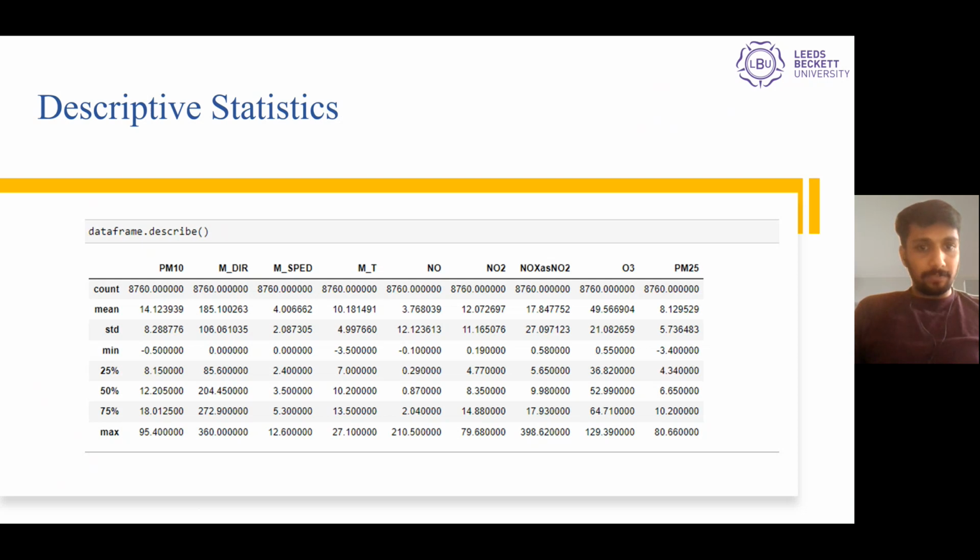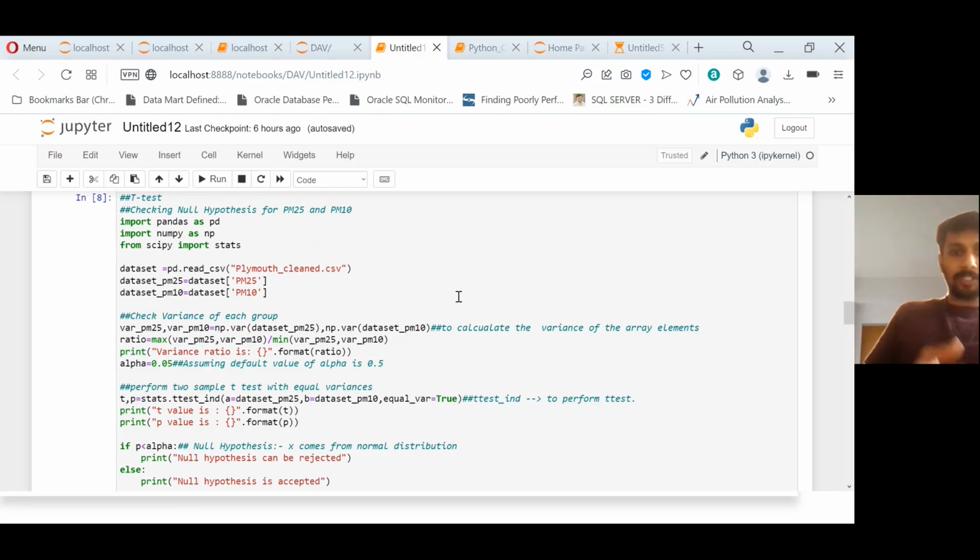And then we explore the histogram of the data, how the data is dispersed, means skewed. We have understood the data much more with the descriptive statistics.